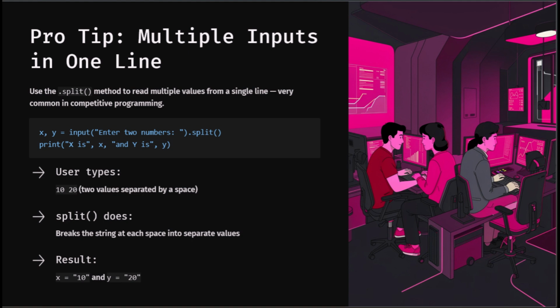When a user types two values separated by a space, like 10 and 20, the .split method breaks that single string at the space and assigns each value to its own variable, like x and y. In the result, you can see that x becomes 10 and y becomes 20. This is a much faster and cleaner way to handle data when you need several pieces of information at once. It's a great trick to have in your coding toolkit.